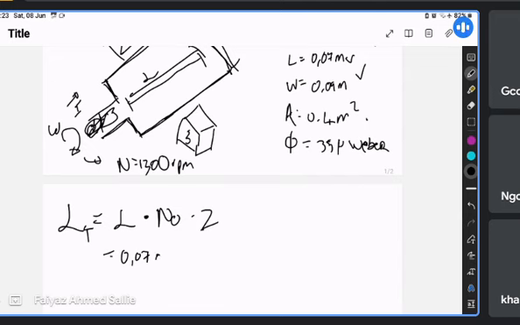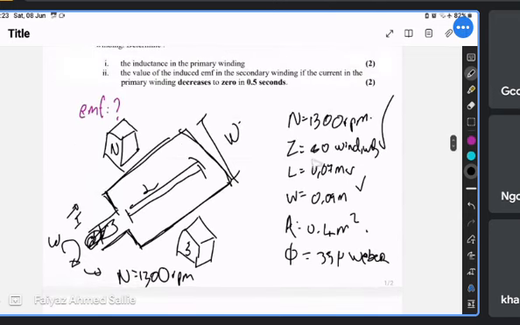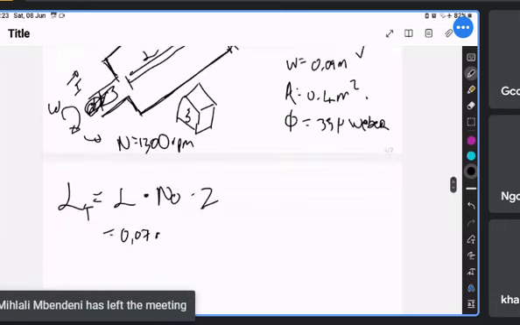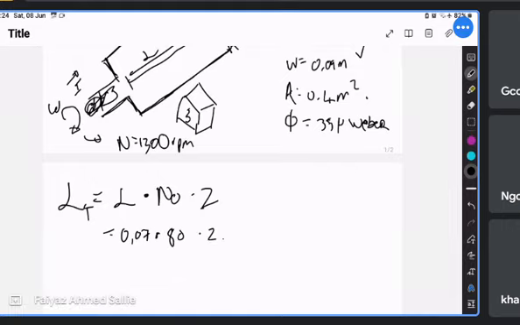And then the number of windings is 80, right? And then multiply by 2. So now the answer, if I look in my calculator, we have 11.2 meters. So now let me explain to you guys what this means.